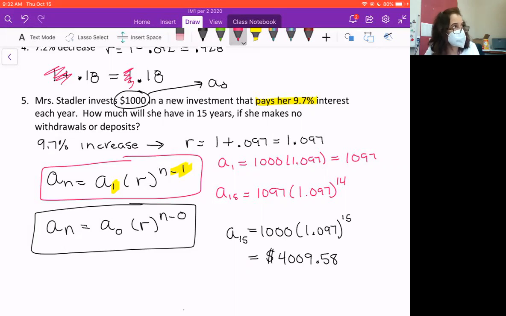I get paid interest in 15 years, 15 times total. If I start here, I haven't earned any interest yet, so I still have to get paid 15 times. Here, I got paid once, so 14 more times. It does not matter how you set up the formula as long as the exponent matches what you've put in the front. If you put year 1 here, 14 more years in the exponent. If you put year 0 here, 15 years in the exponent.